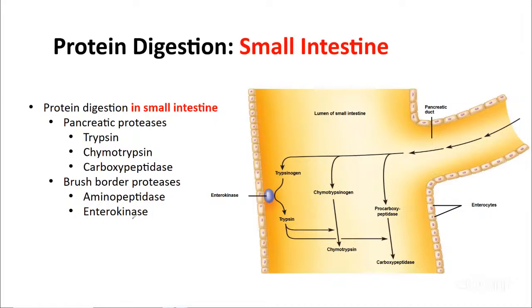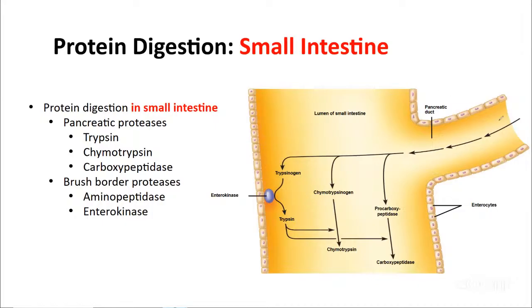So the pancreas has made a lot of enzymes, many of which are for breaking down proteins, although we know that we also have our pancreatic amylase we've discussed for breaking down carbohydrates. So the pancreas is really going to help us break down pretty much all our different types of macromolecules.